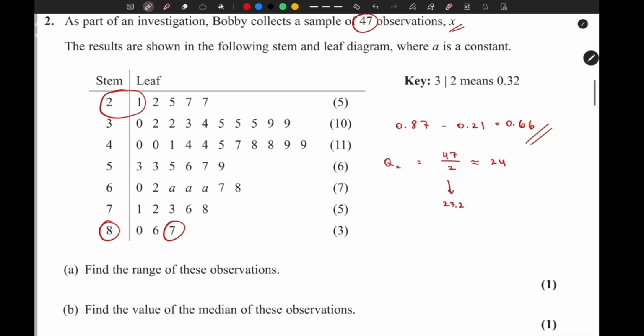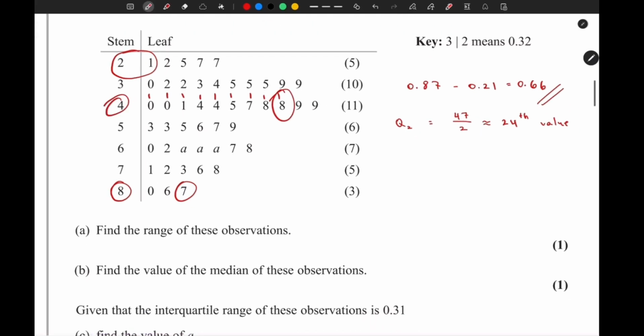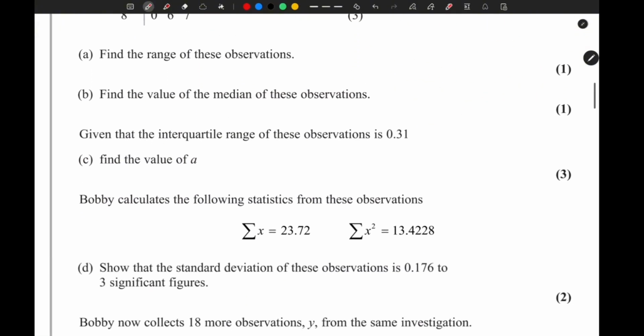You always need to round up the values, not round down. So the 24th value will be our median. Counting, it's 15, 16, 17, 18, 19, 20, 21, 22, 23, 24. So this is our median, 4 bar 8, which is 0.48.